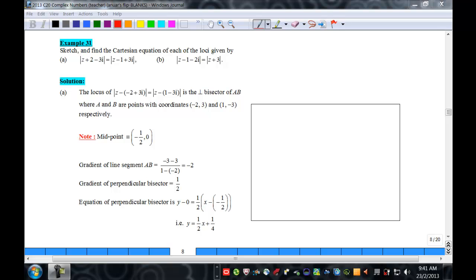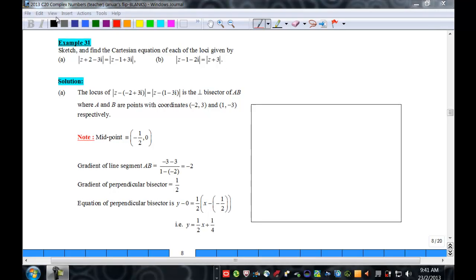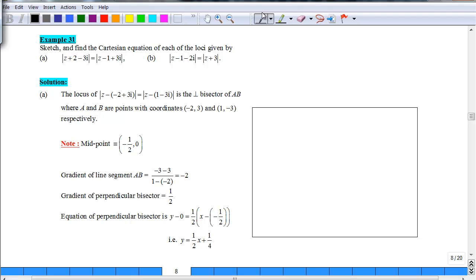Okay, let's take a look at example 31a. Now we know that the standard form of the locus of a perpendicular bisector of line segment will take this form. Just as a recap, modulus of z minus p1 plus q1i is equals to modulus of z minus p2 plus q2i.